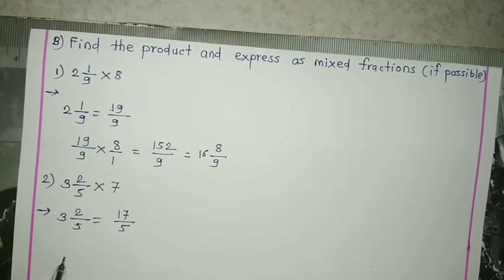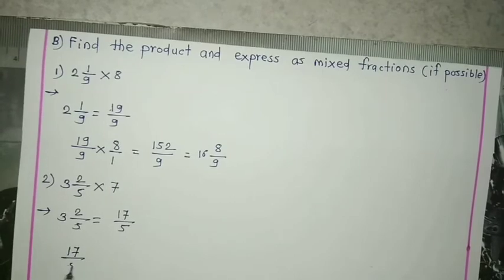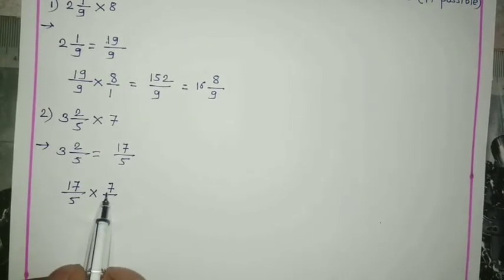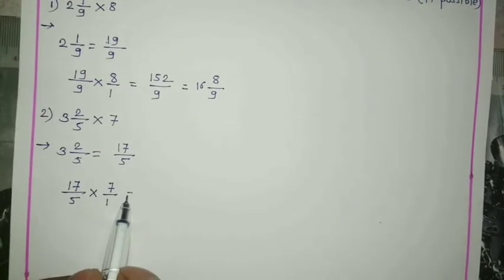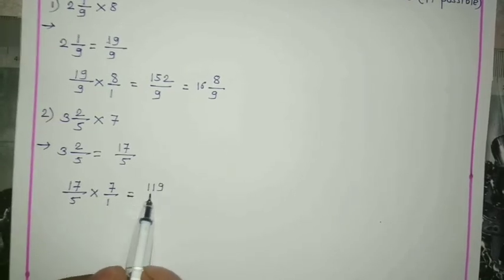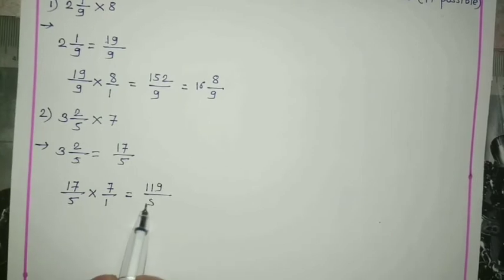So we have to find the product, means 17 divided by 5 into 7. Here there are no denominators, so 7 divided by 1. Then 17 into this 7, so 17 into 7 is 119, and 5 into 1, 5.